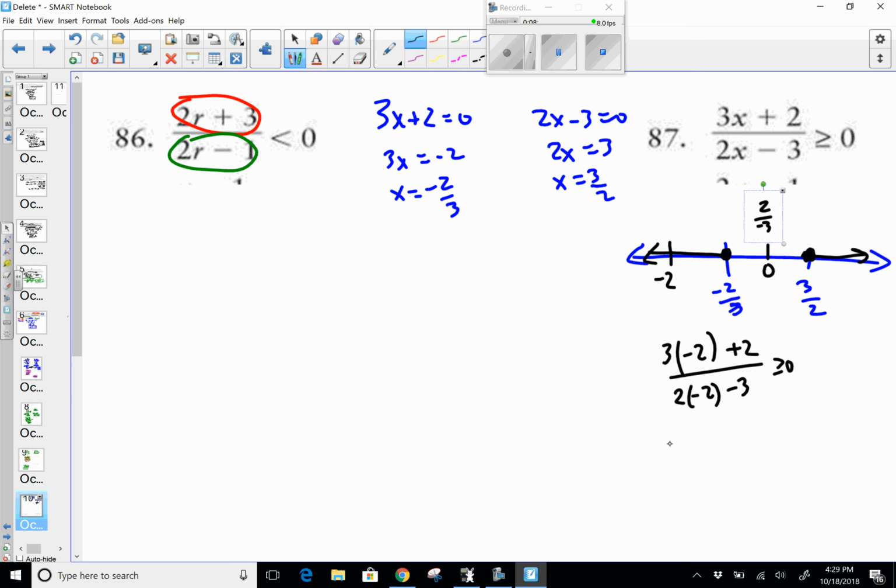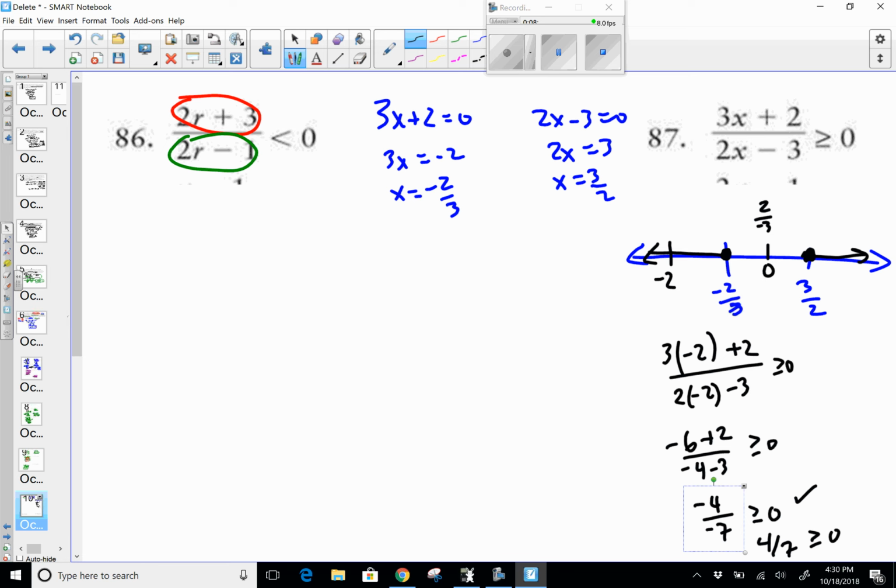So 3 times -2 is -6 plus 2 over -4 minus 3. This is -6 plus 2 is -4 over -7, greater than or equal to 0, and this is a true statement because negative divided by negative is positive 4/7, and 4/7 is greater than or equal to 0. So this is true, so it works here, and it's going to work here as well.